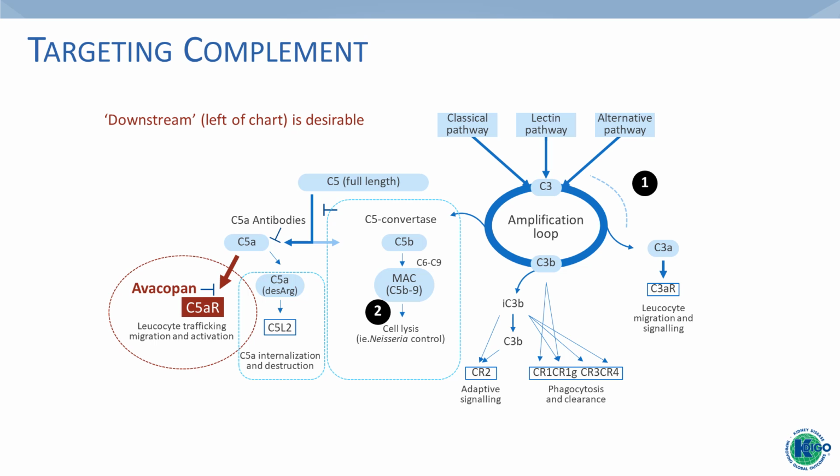And avacopan is an oral inhibitor of one of the two C5a receptors, so-called C5aR, which is regarded as being the major pro-inflammatory receptor promoting leukocyte trafficking, migration, and activation.